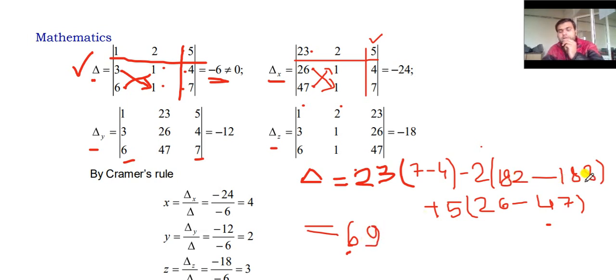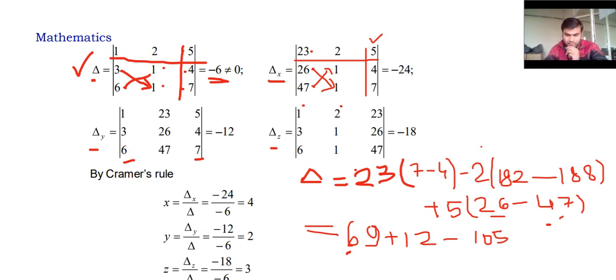182 minus 188, minus 6. Minus 6 is multiplied with minus 2, so this becomes plus 12. 26 minus 47, so it is minus 21. So minus 21 is multiplied with 5, so this becomes minus 105.